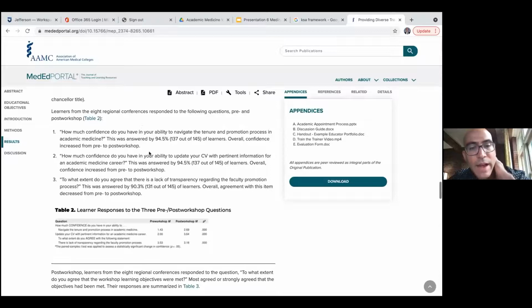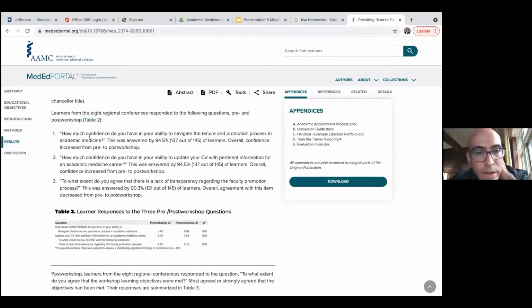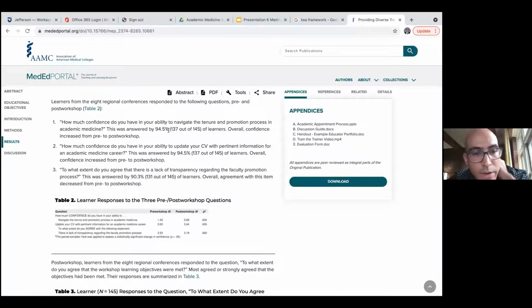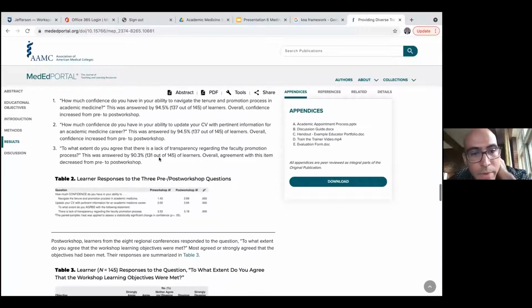And then more directly relating to what we just discussed, we showed how learners from the 8 regional conferences responded to pre and post workshop questions in relation to their confidence in being able to navigate the tenure and promotion process in academic medicine, which was one of our objectives. And you could see here, confidence increased from pre to post workshop.